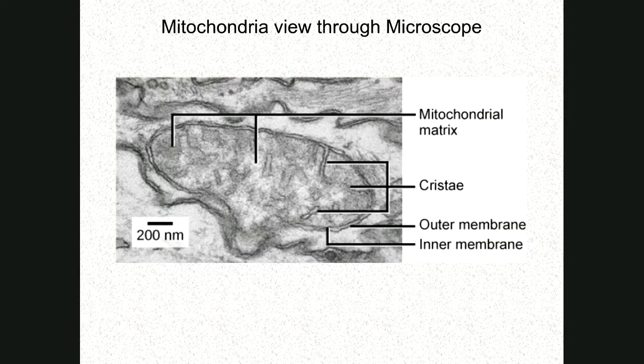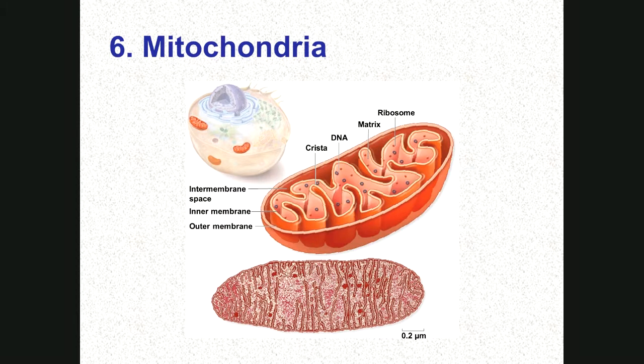Structure of the mitochondria. Very funny. The mitochondria exists in both animals and plants. The mitochondria has ribosomes, but the funny part is we do have DNA, mitochondrial DNA. DNA exists mainly in the nucleus, but in the mitochondria, we do have a DNA. And we have a double membrane. This is why we call it the mitochondrial envelope.